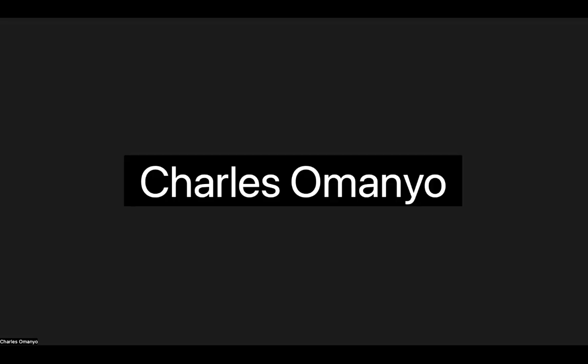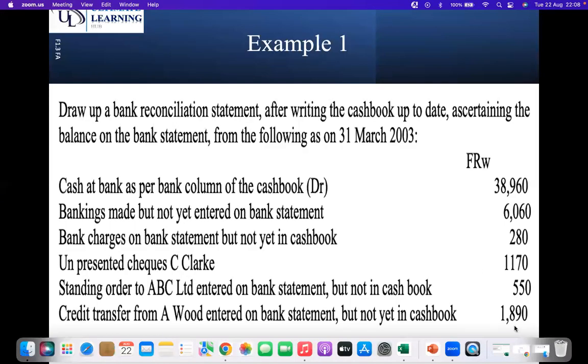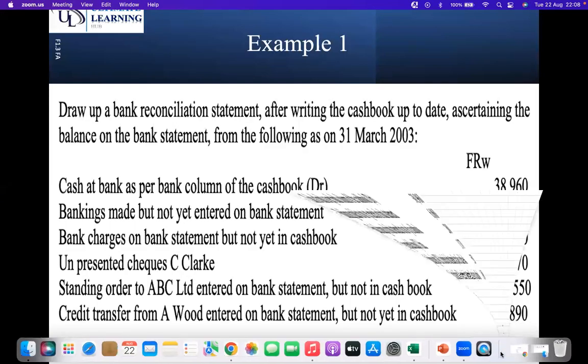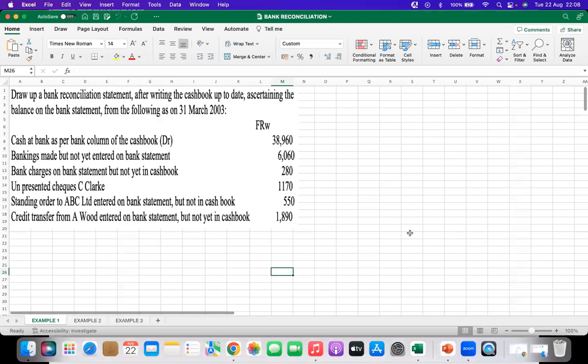So let's go for Excel sheet. So the same question, I've carried it down here to the Excel. Let's read it once more and then we attempt it. Draw up a bank reconciliation statement after writing the cash book up to date, ascertaining the balance on the bank statement from the following.